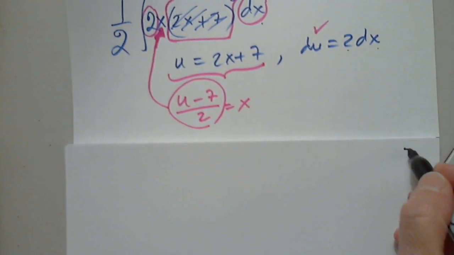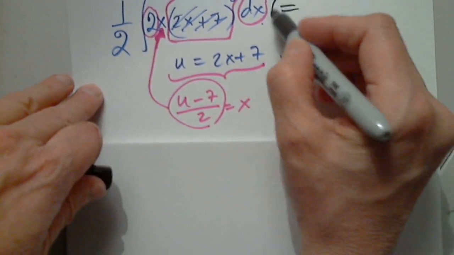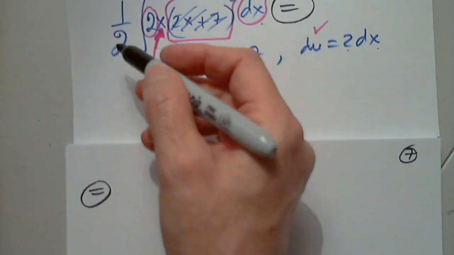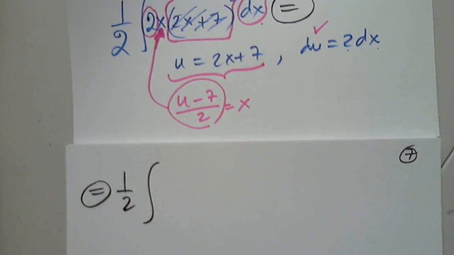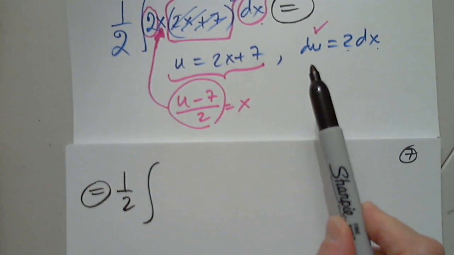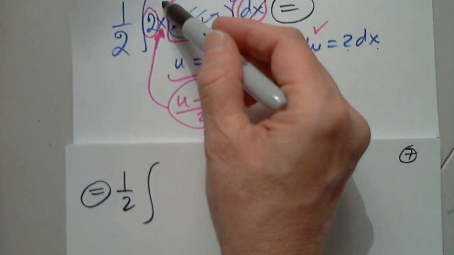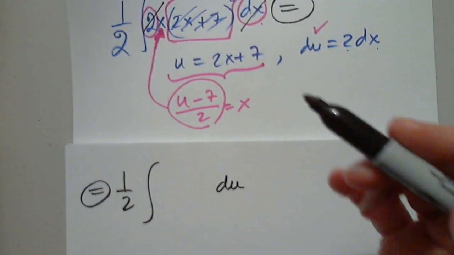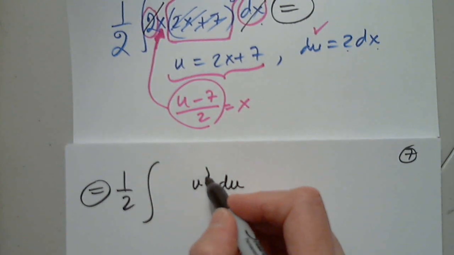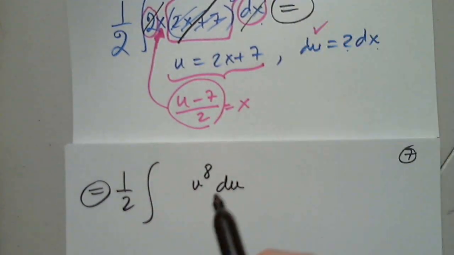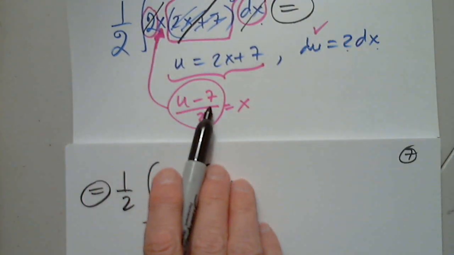So then, 1/2 outside. Again, make sure we account for everything. 2 with dx, u to the 8, x is u minus 7 over 2.